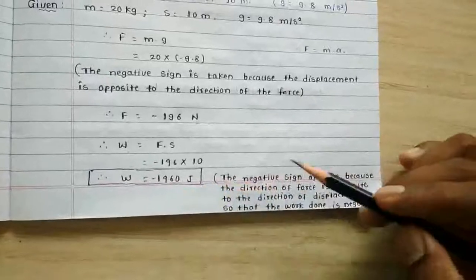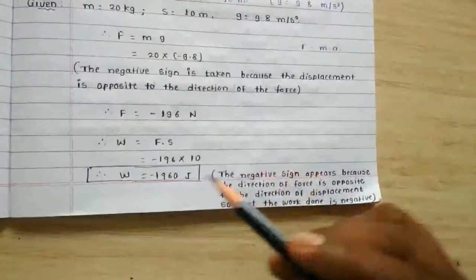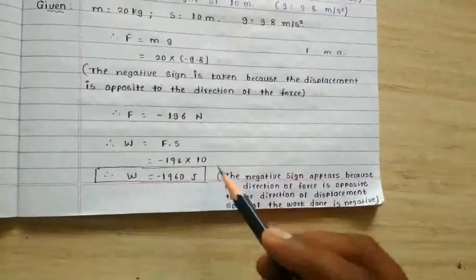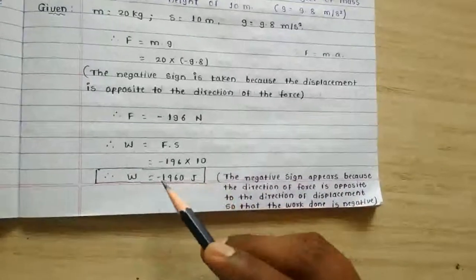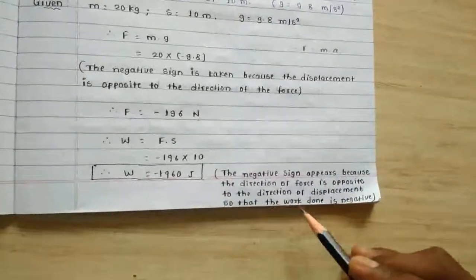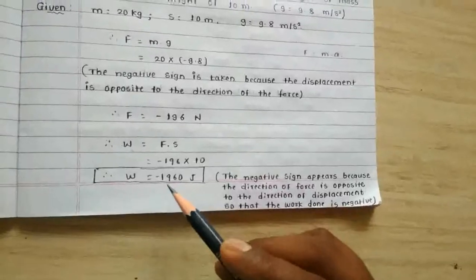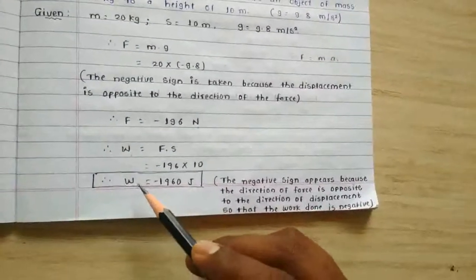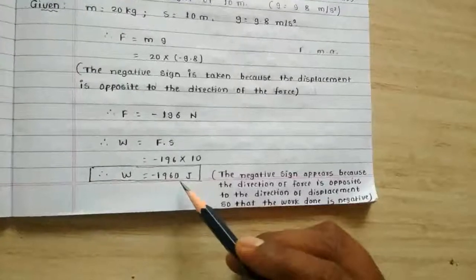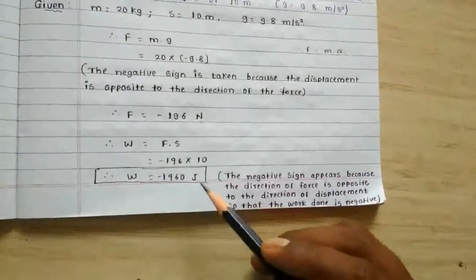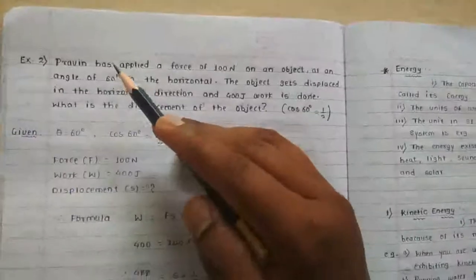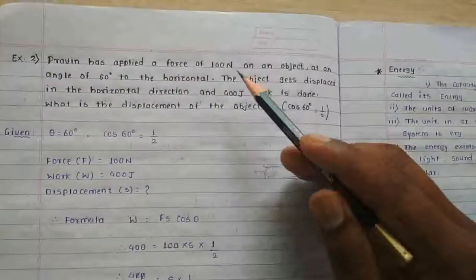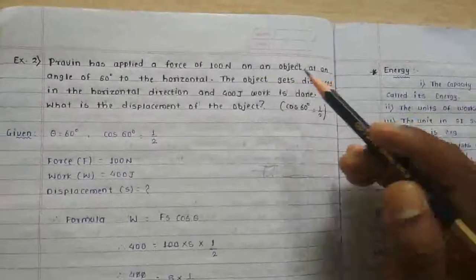Here also the negative sign appears because the direction of the force is opposite to the direction of displacement, so the work done is negative. The answer is work done is equal to minus 1960 joule.